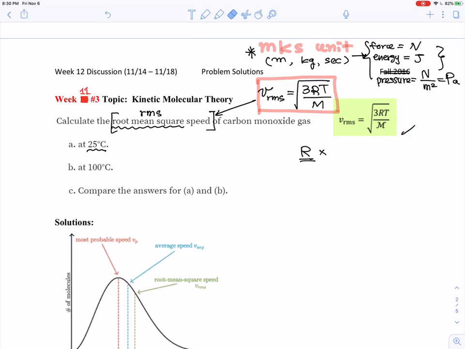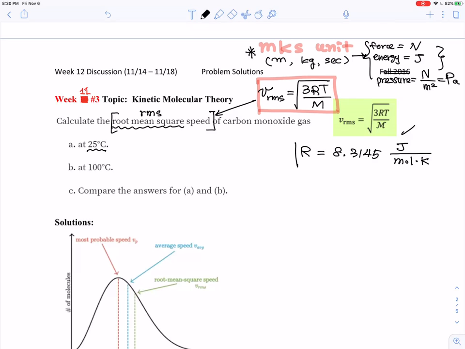Let me just say that for R, you want to use the value 8.3145, and if you look at the unit, it says joule per mole Kelvin.